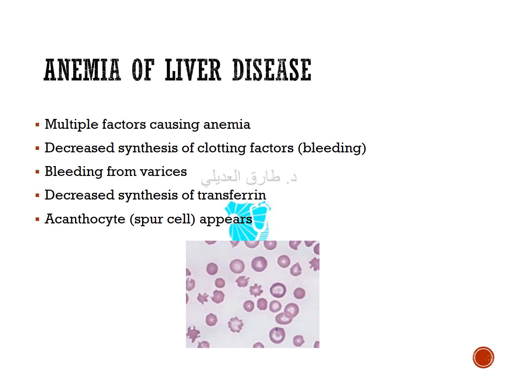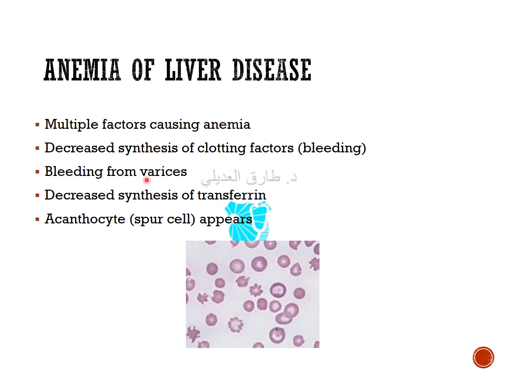Anemia of liver disease. This is not a special type, but patients with liver disease commonly have anemia. It is multifactorial. Multiple factors can cause the anemia. There is decreased synthesis of clotting factors, so the patient doesn't have normal hemostasis. If he has any injury to the blood vessels, they keep bleeding, and this causes anemia.